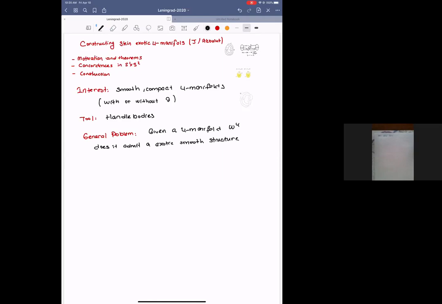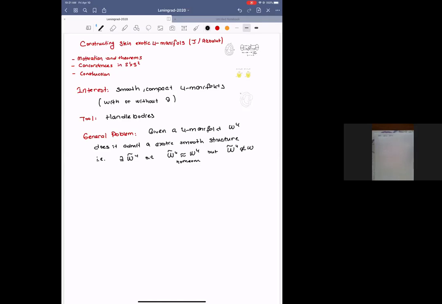That means, is there a manifold W tilde such that W tilde is homeomorphic to your initial manifold but not diffeomorphic?